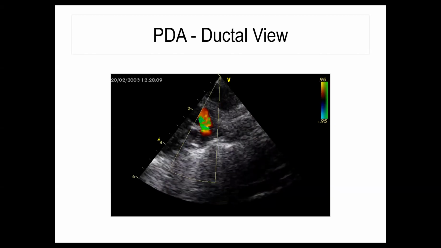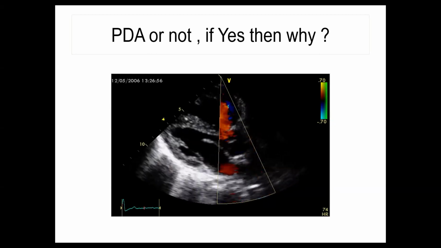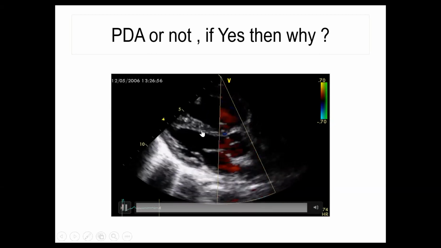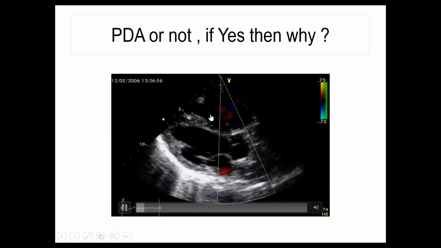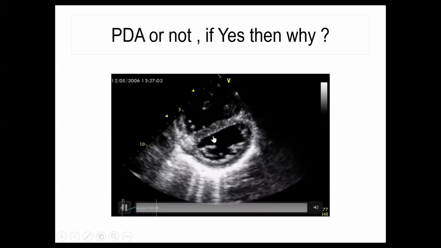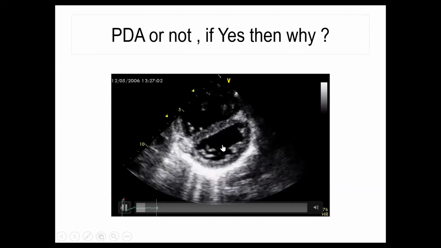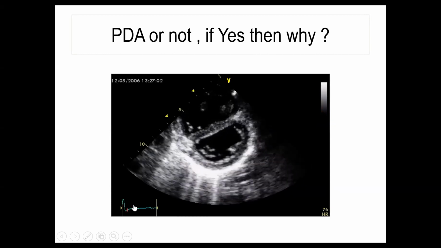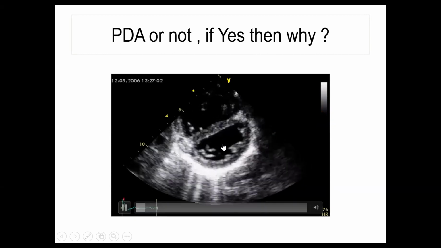Now, what exactly happens is, if RV pressure becomes more than LV pressure, which is amply said by this slide, with every systolic contraction this interventricular septum is bulging towards the LV. Now see carefully. With every systolic contraction, this septum is bulging, meaning RV pressure is more than LV pressure.